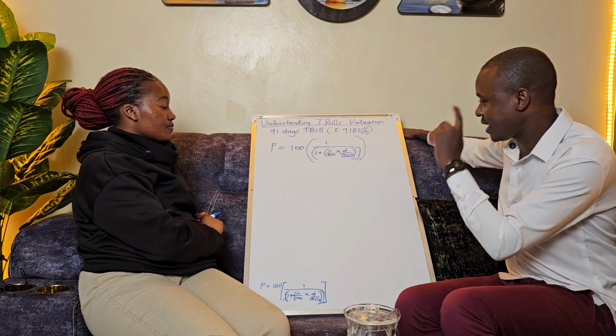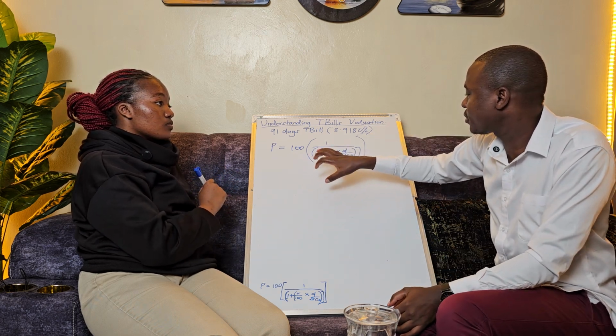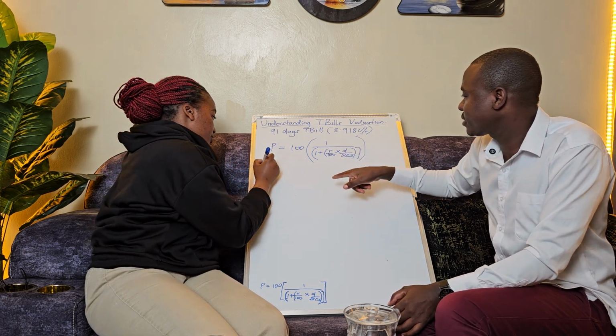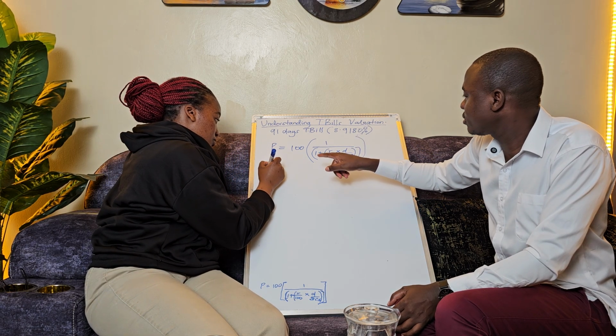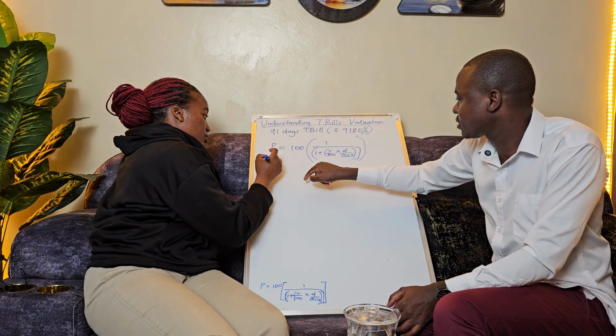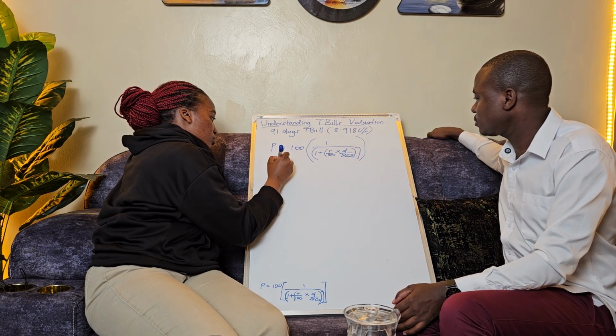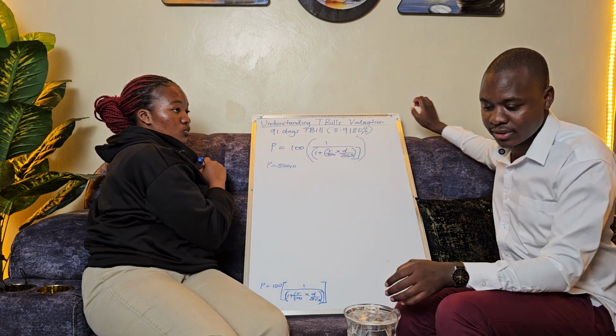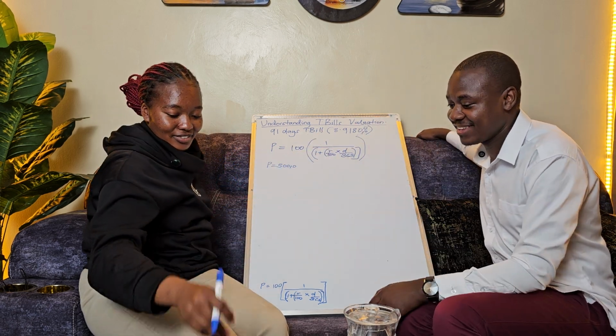Yes. So let's substitute. So our principal or amount that we want to invest is 500,000. So just don't write 500,000. We just want to break this one down. Okay. So just write P is equals to, don't just ignore this. Why? I'll tell you why. Okay.